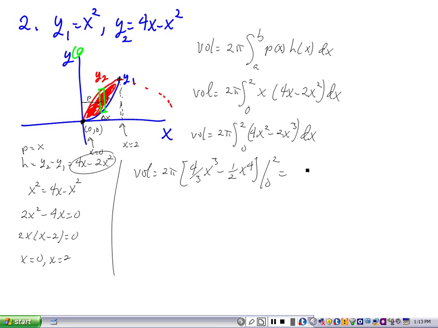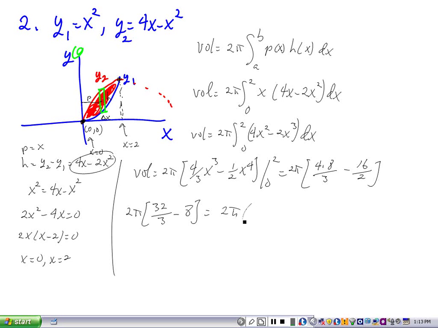And we simplify all of that. This is 2 pi times, let's plug in the 2 for x, so we get 2 to the third, that's 8. We have 4 times 8 divided by 3, minus 2 to the fourth, 16 divided by 2. Keep on simplifying. 2 pi times the 32 over 3 minus 8.